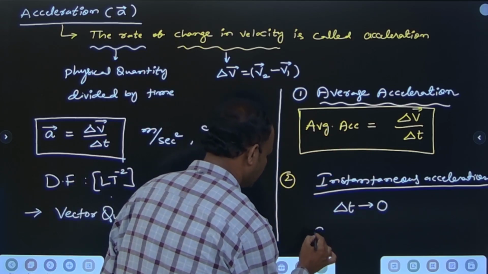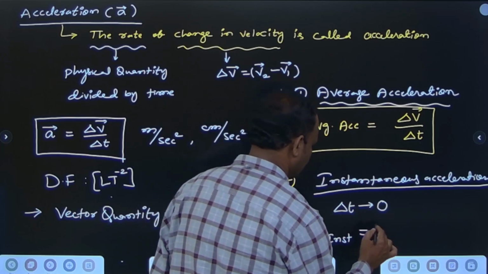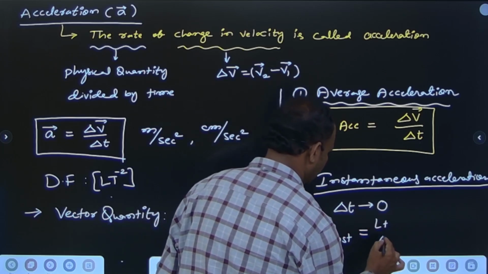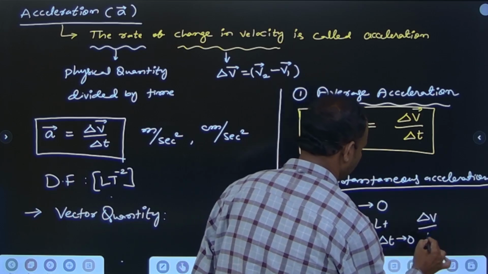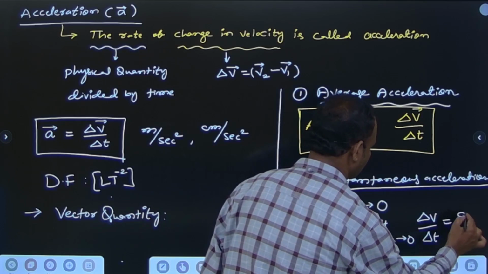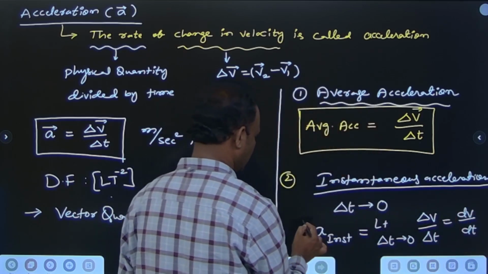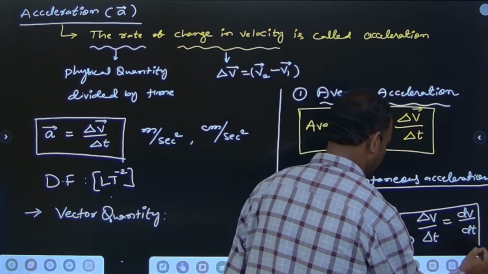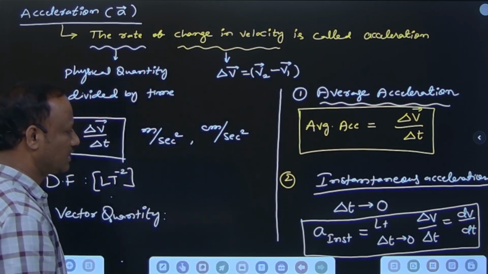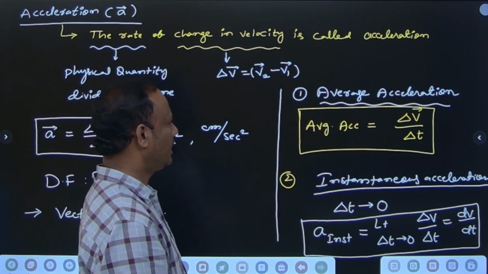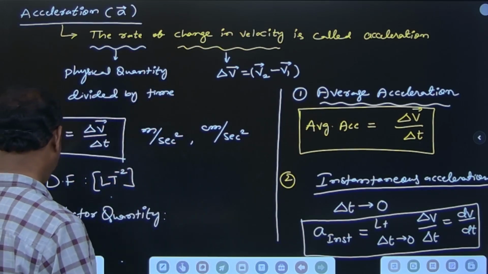So a instantaneous is equal to the limit as delta t approaches 0 of delta v by delta t, which is equal to dv by dt. This is the instantaneous acceleration, which means the differentiation form. And average acceleration means the delta terminology can be used.